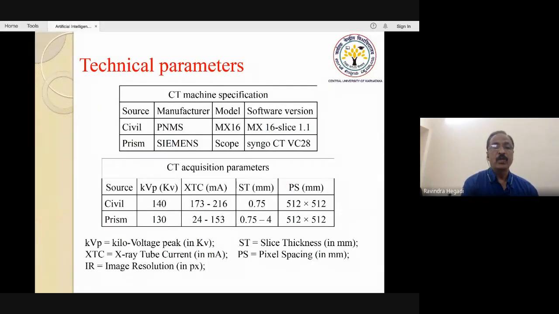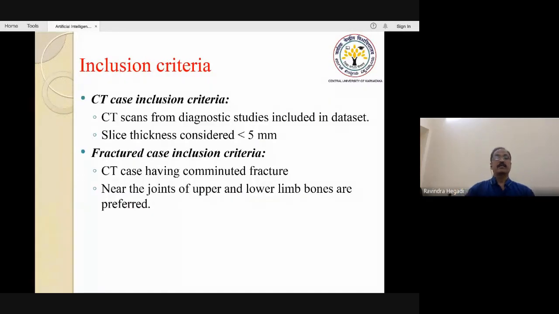Then in the more detailed CT acquisition technical details, we have mentioned the kV, the X-ray tube current, image resolution, slice thickness, and pixel spacing specifications. All these technical details are required when you want to publish your findings in a good journal. These specifications are to be mentioned in your journal articles.